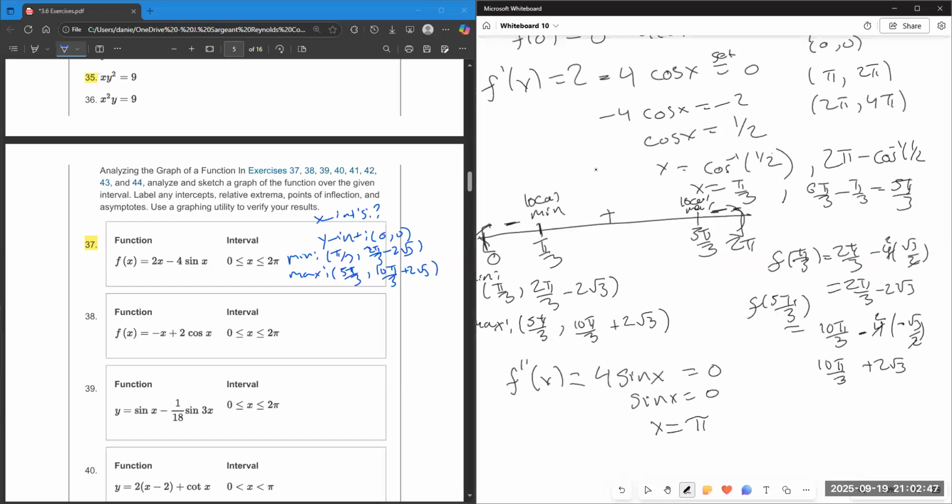And so f of pi, I already figured that out, is 2 pi. So point of inflection, pi, 2 pi there.